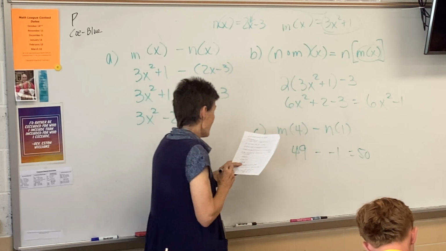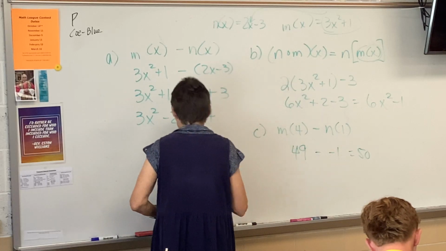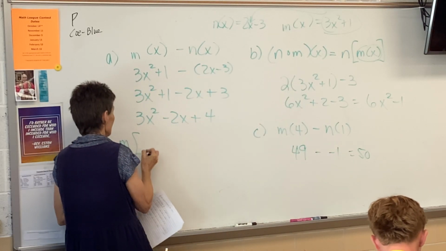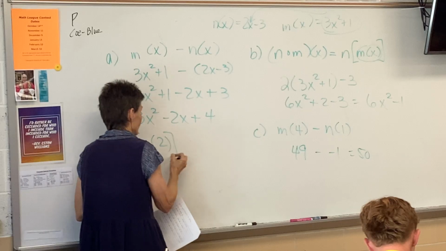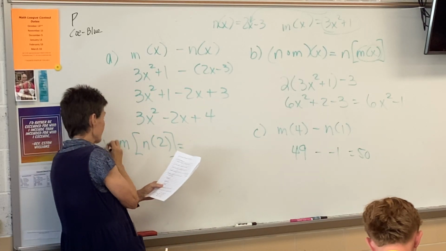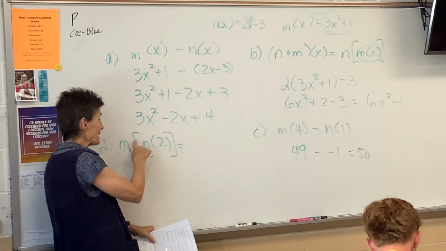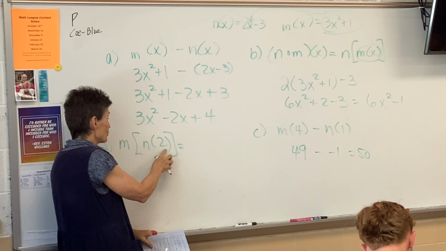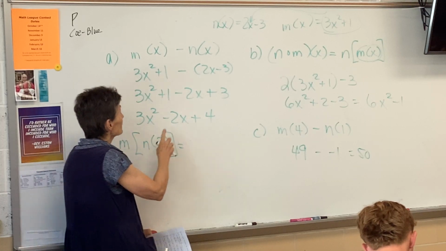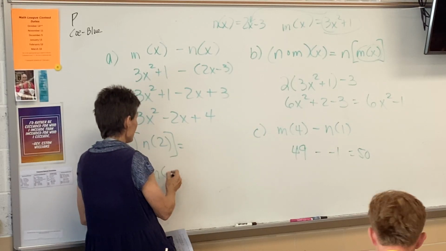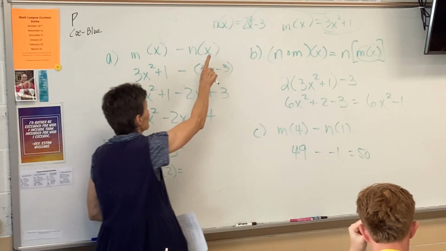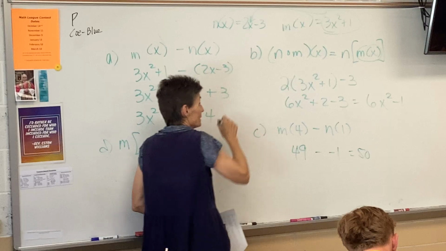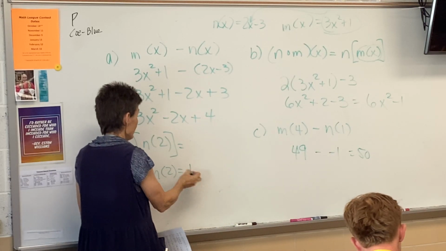All right, and then m of n of 2. This is b. What does that tell me to do? What happens here? 2 into n. So let's see. 2 into n would give me a 1.